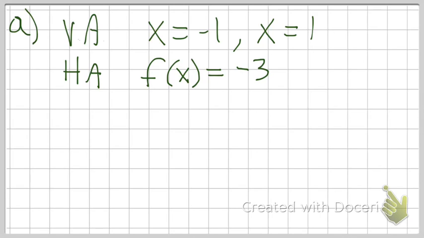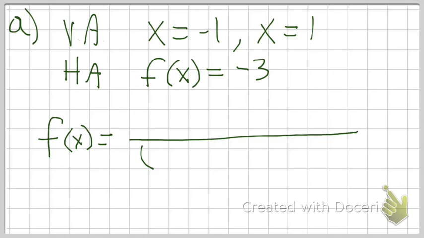So the thing to remember is that to get vertical asymptotes, we usually divide by 0. So that means we would need factors in the denominator that when they're set to 0, the denominator would equal 0 when x equals -1 or x equals 1.